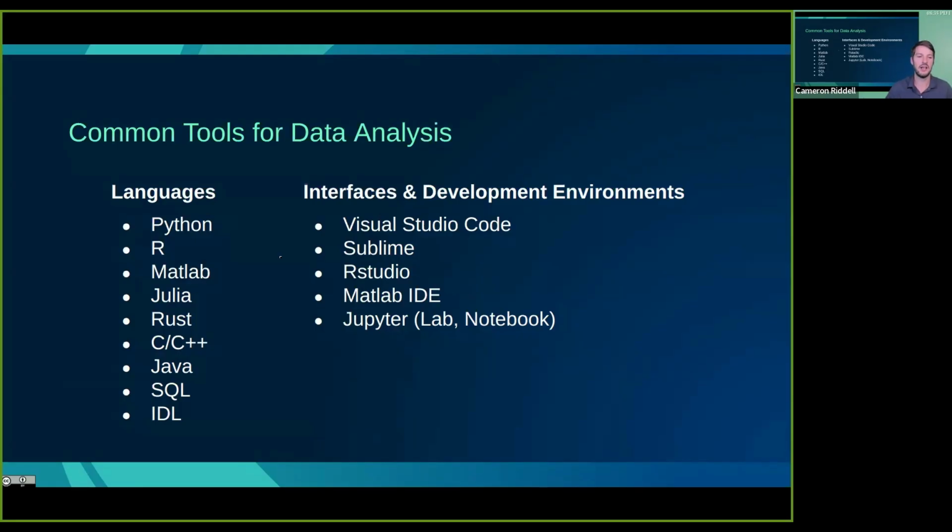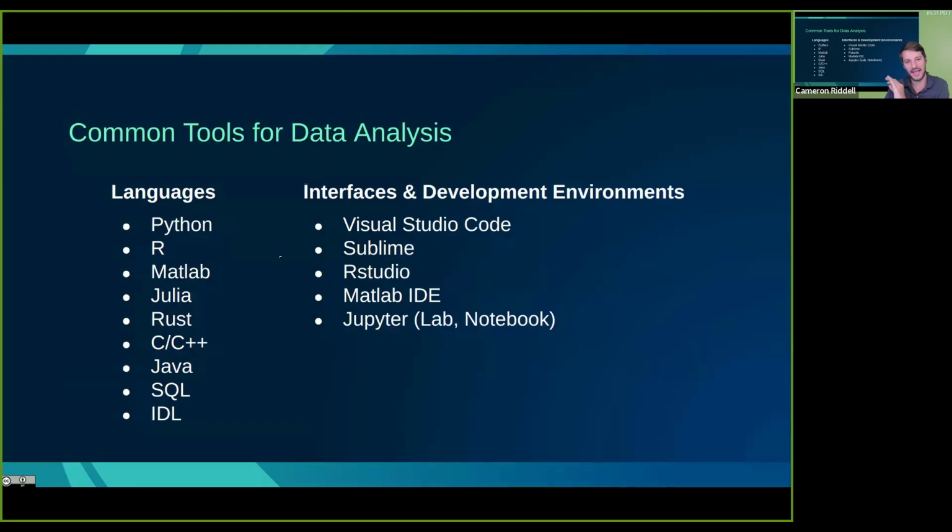These are languages. On the other hand, we have interfaces and development environments. These are typically going to be things that we will actually do the physical coding in. It's going to be that graphical user interface that pops up, and then you can write code in. Now, the thing that's confusing is that these entities, languages and IDEs or interfaces development environments, are usually tightly coupled, meaning if you use R, you probably first used R through RStudio as an interface.